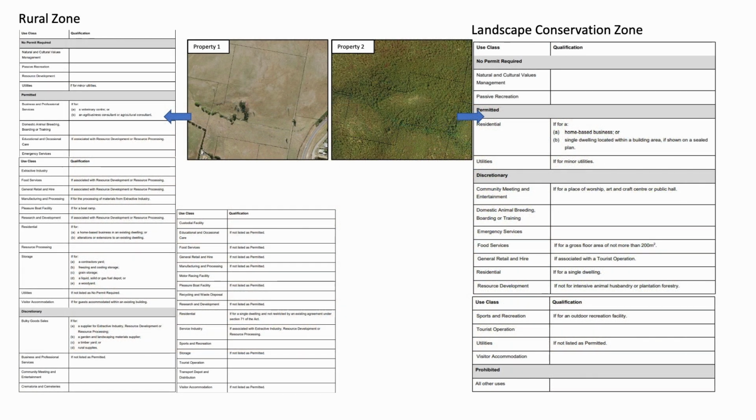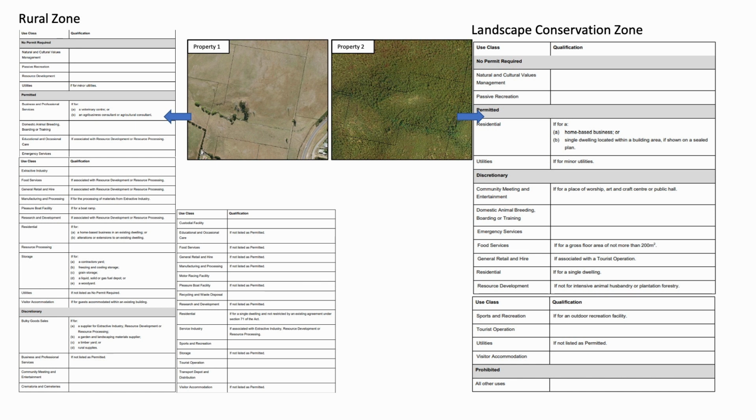For both properties, a range of development is still possible, and the assessment, whether it is permitted or discretionary, will generally remain the same because of the specific characteristics of the property, such as landslip, flooding, biodiversity. So any specific characteristics of a site will influence how council assesses it under the new zone.